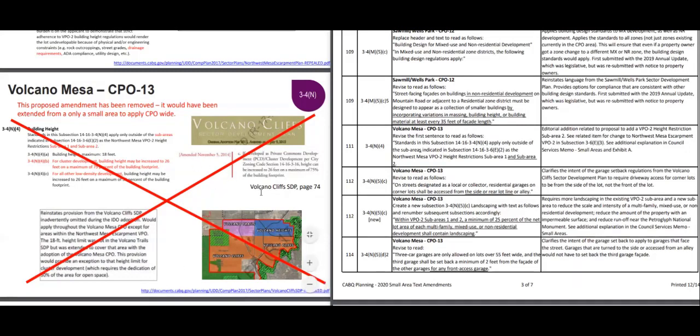But in the Volcano Cliffs sector plan, there was a rule that used to allow, if it was a cluster development, which provides more open space on a site by clustering buildings together, building height could be increased to 26 feet for a maximum of 75% of the building footprint.